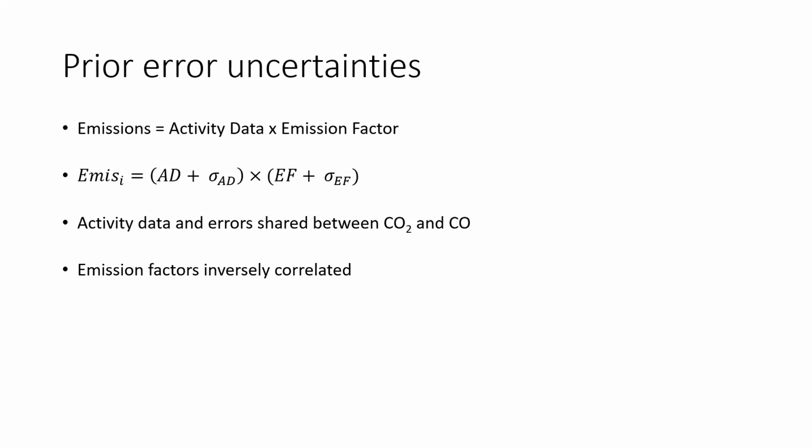And conversely, emission factor errors should be inversely correlated. Because CO is released from incomplete combustion, if you decrease the amount of CO that you're emitting per unit of fuel, then you should be increasing your amount of CO2.